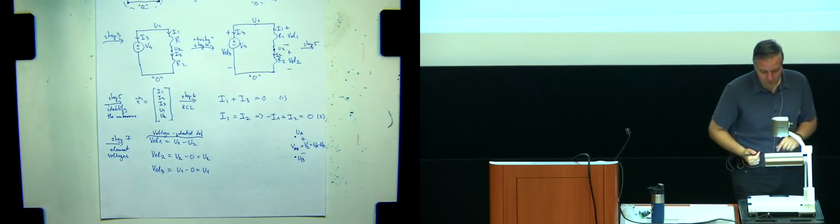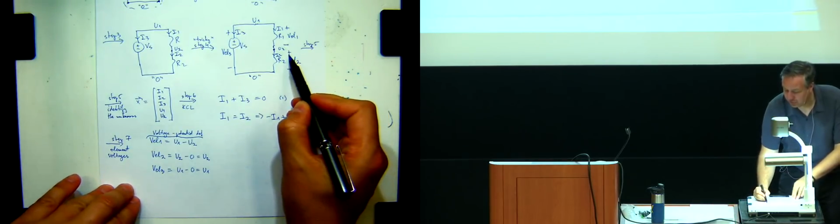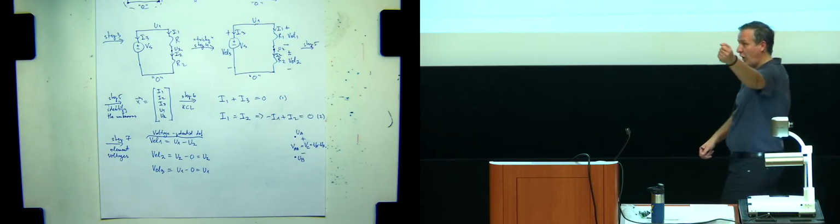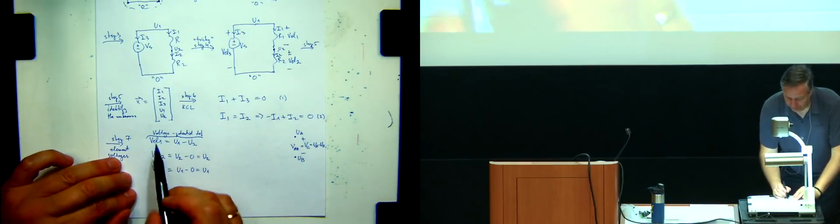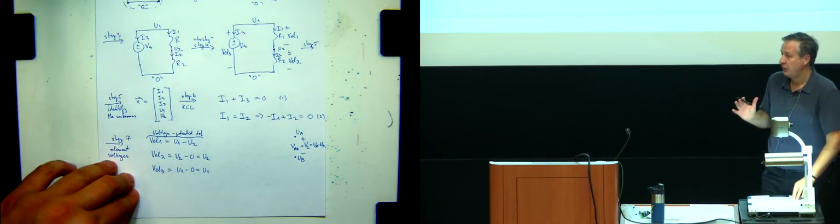What stops me from doing 0 minus U2? Well, the orientation of this element voltage. Plus points to U2, so that means start from U2 and subtract what's on the minus end. Okay, so these are just from the voltage potential definitions, right?